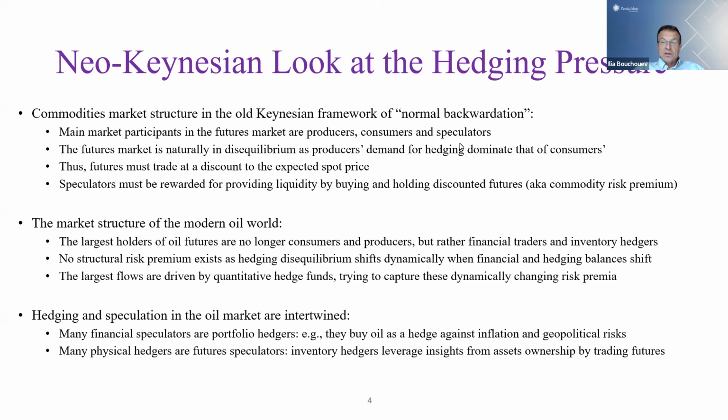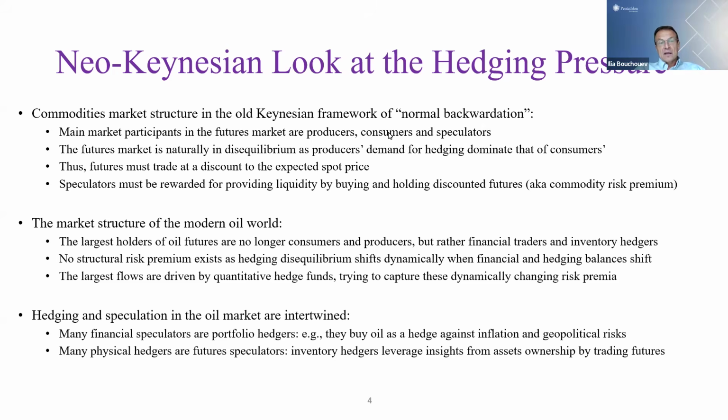And then John Hicks, by the way, who is a Nobel Prize winner, was also a big proponent of that theory. That's why the theory became known as John Hicks' theory of normal backwardation. So therefore, the markets are in disequilibrium. The futures must trade at a discount relative to the expected spot price. And that was considered to be the fair value. The fair value was measured by the expected spot price, whatever it is.